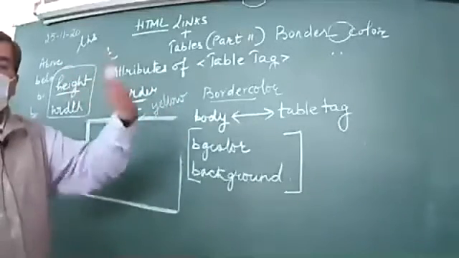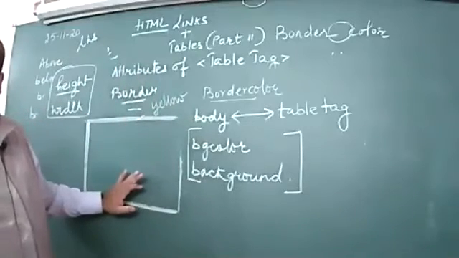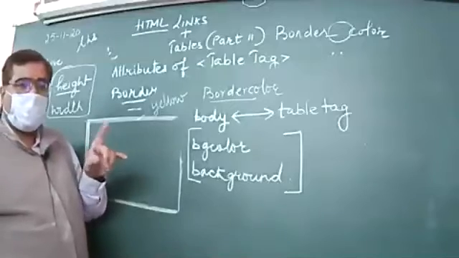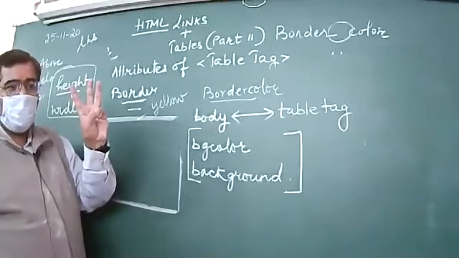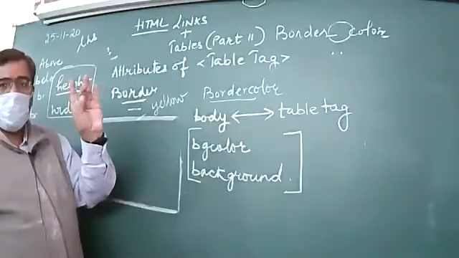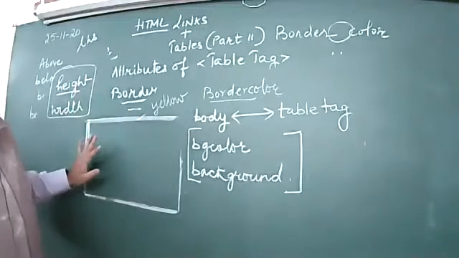The more you increase the value, the more area it will cover. So in a nutshell, I'm revising all the attributes of table tag once again: BG color, background, align, cell spacing, cell padding, frame, rules, border, border color, height and width. Clear?